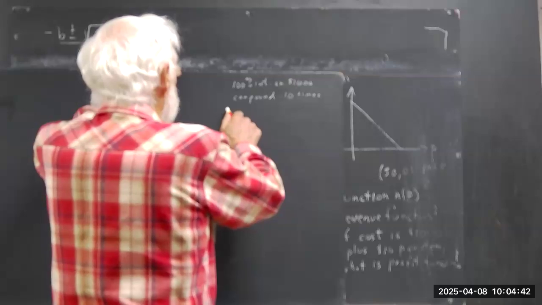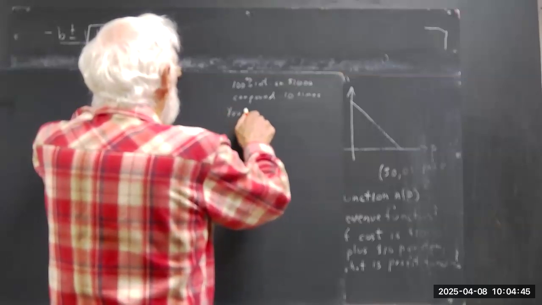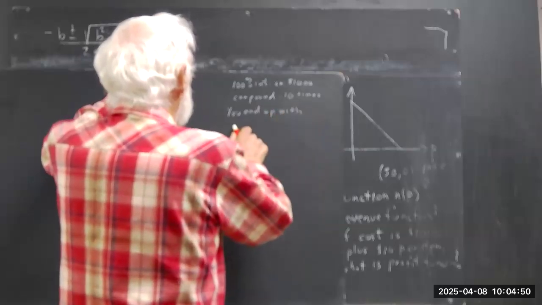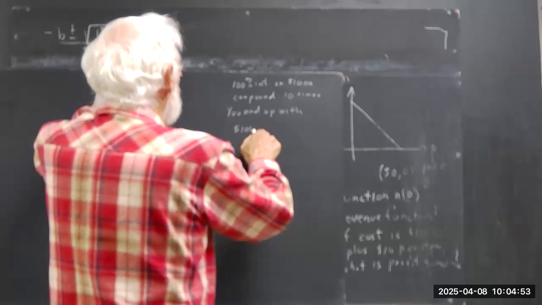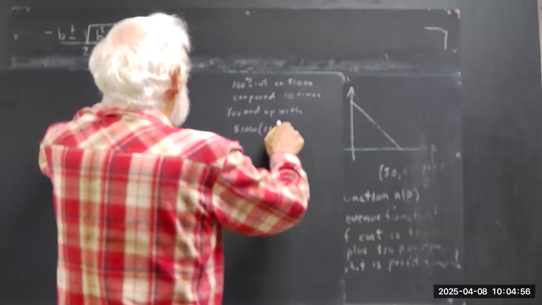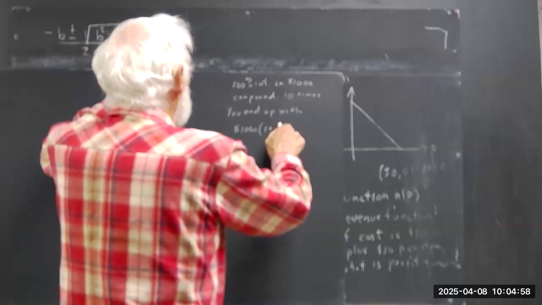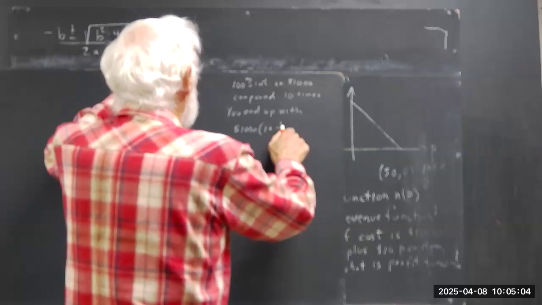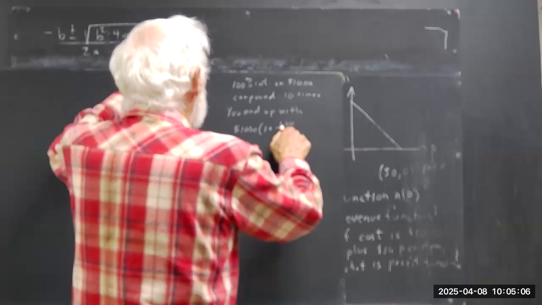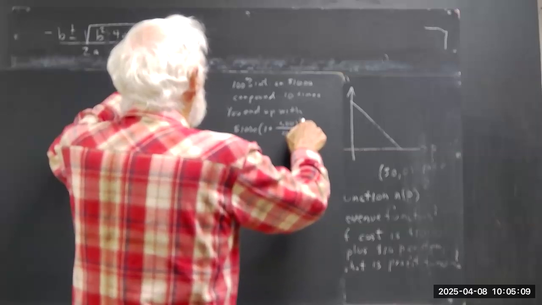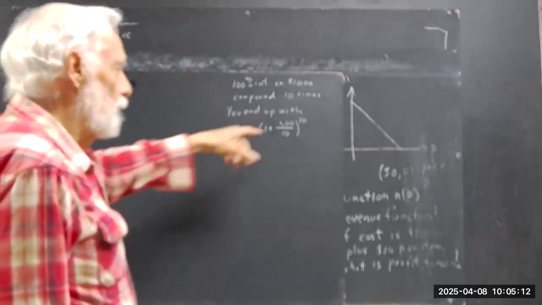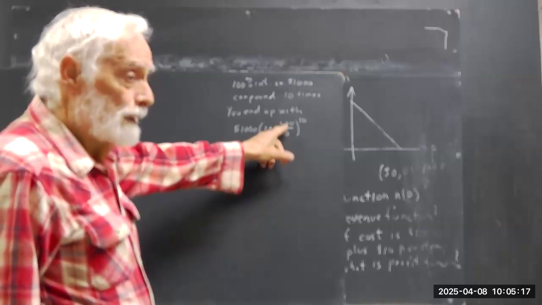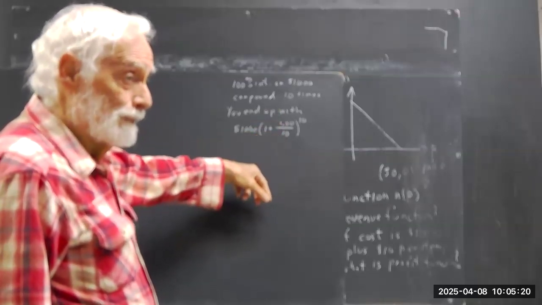So you get... you end up with this at the end of a year. Why? Because this is 1/10 of your 100%.